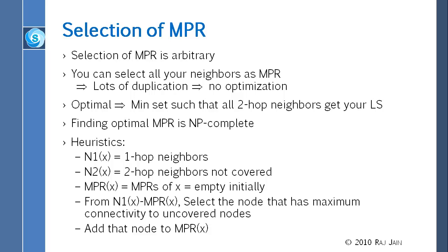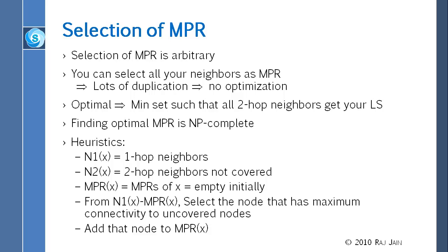So this is a set algebra here. We are taking the N1X, which is the set of all the 1 hop neighbors, and we remove the nodes that have been selected as MPR. From the remaining nodes we find out what is the connectivity, and we select the node that has the maximum connectivity, and we say, okay, you have lots of connectivity, I want to use your node as an MPR, and so you do that.